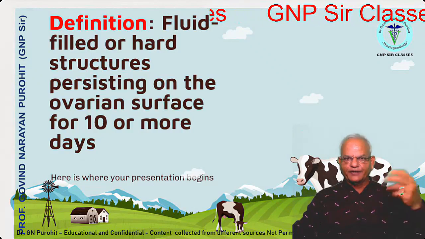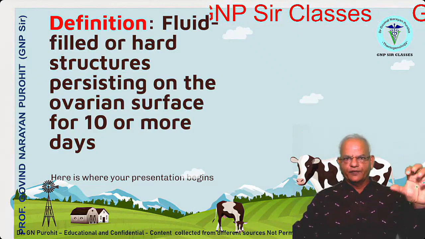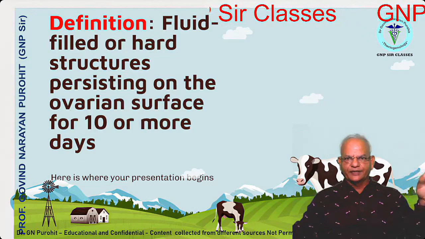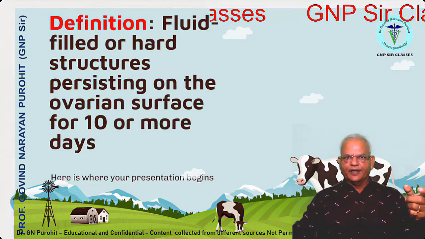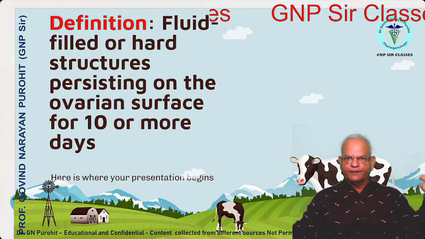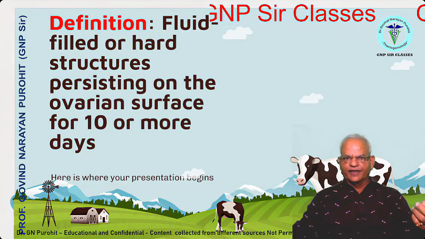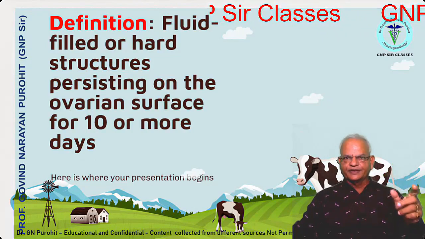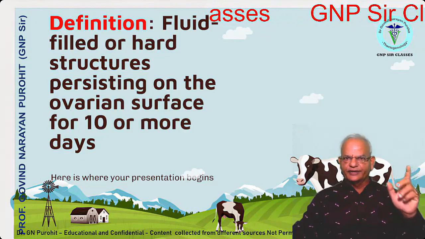So by palpation, you can find out. Say if you palpate a cow today, and you find that the ovary has a very hard structure or the size of the ovary is enlarged, then you palpate the animal again after 10 days. And if the same thing persists, then it is for sure that this is a cow with ovarian cyst, right?